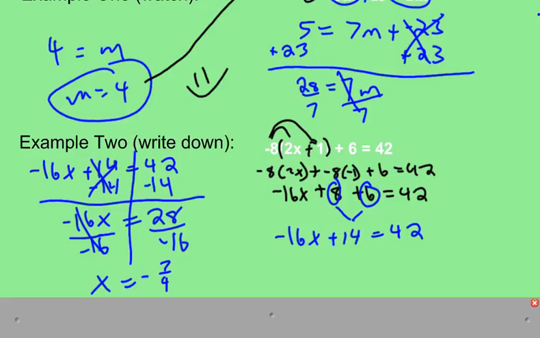Anytime you get a fraction like this, it's really important to check your answer because that doesn't happen too often. I'm going to do a check in my head or with the calculator real quick. If you put it in and check it, it will work out. So that is our correct answer.